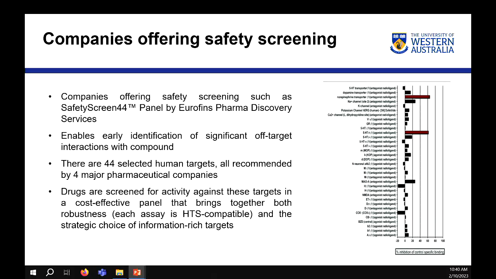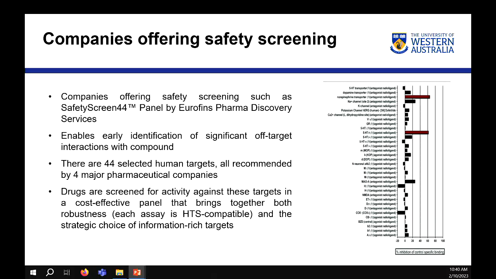So what these companies have done is worked with the big four major pharmaceutical companies, and they selected 44 human targets. And they essentially have the targets in a chip kind of assay, and they will run the drugs through to see if the drugs will bind to some of these human targets.